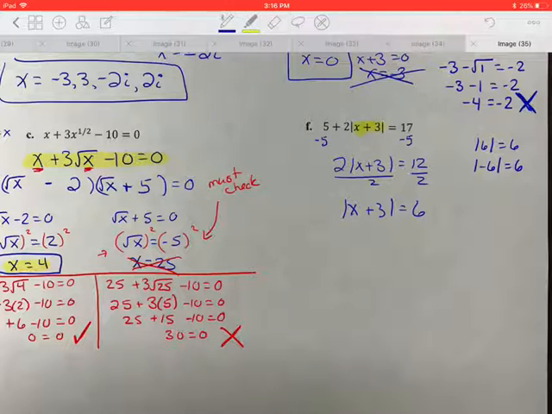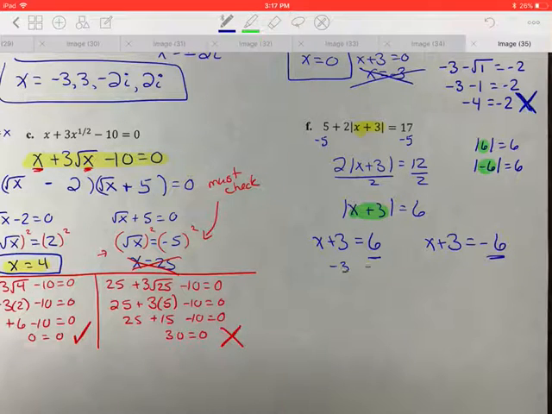So what that tells me is this number right here can come out to be a +6, or it can be a -6, because once I take the absolute value, they'll both become 6. So what's inside there, the x plus 3, can be a +6, or it can be a -6. So I'm just looking at the two numbers that have an absolute value of 6.